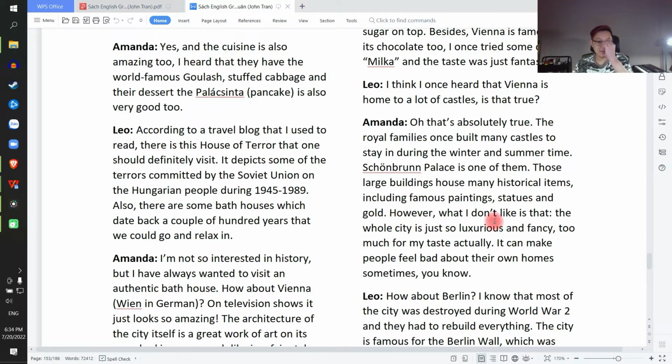However, what I don't like is that the whole city is just so luxurious and fancy. Too much for my taste, actually. It can make people feel bad about their own homes sometimes, you know.